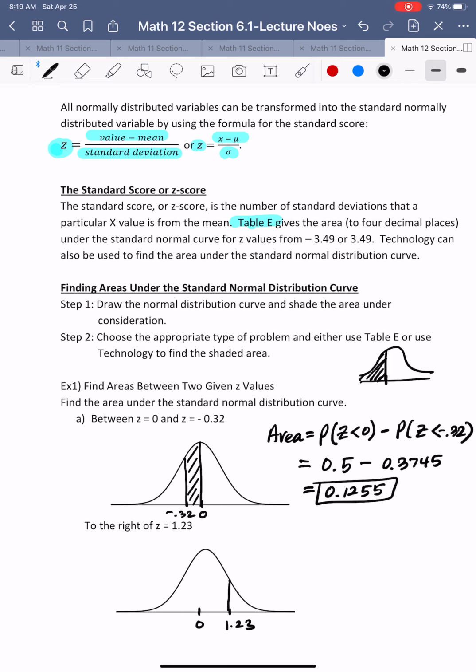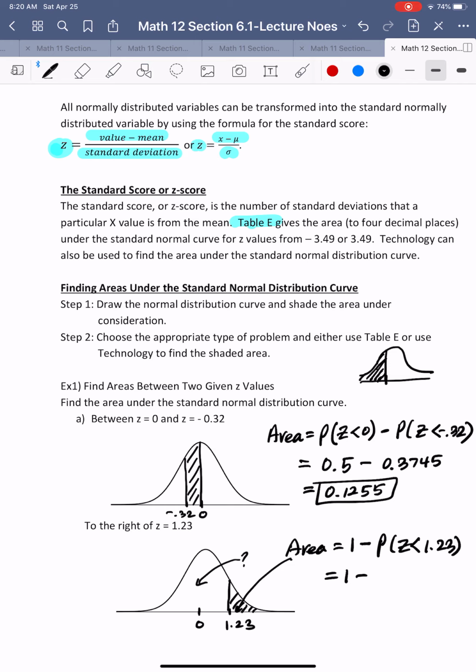This time you're looking for the area on the right, but Table E gives you the area on the left. The area under the curve is always 1, so I want to subtract: 1 minus the area of this whole thing, which is the probability that z is less than 1.23.